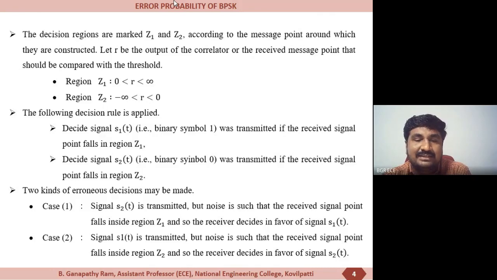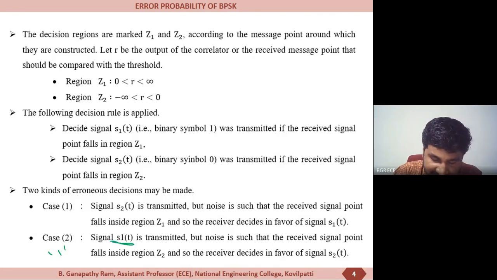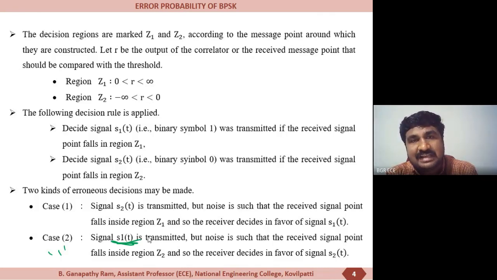On the other hand, if the binary data 1 is transmitted and the corresponding signal S1 of t is sent by the transmitter, but the additive white Gaussian noise is present in such a way that the received signal point is located in region Z2, the receiver will decide wrongly in favor of the binary data 0 by considering that the transmitter has transmitted the signal S2 of t.